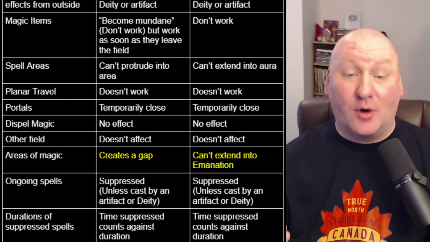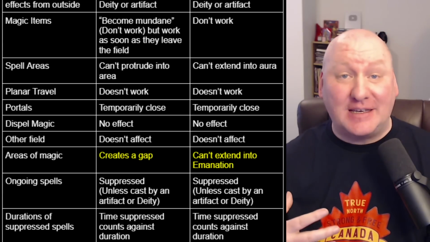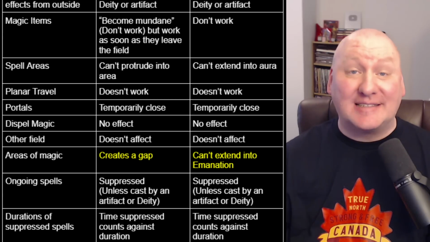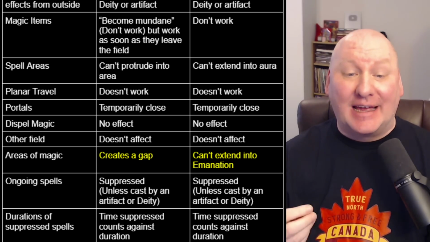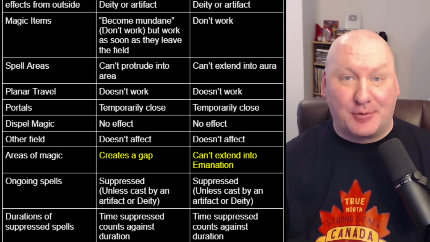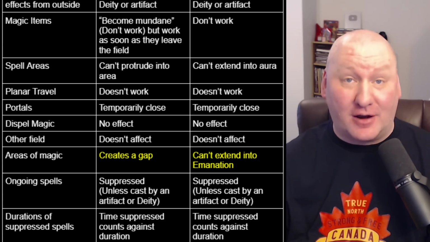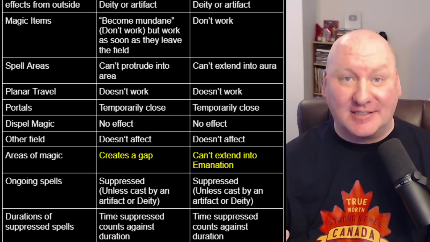We then go on to ongoing spells. So let's say you have a Hero's Feast cast on yourself, and then you enter an anti-magic field. Or let's say you have a summoned creature, and it enters an anti-magic field. What it says is those spells are suppressed. So when you enter the anti-magic field, you no longer benefit from Hero's Feast. Your summoned creature winks out of existence.